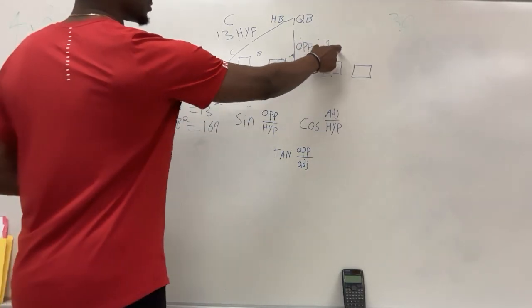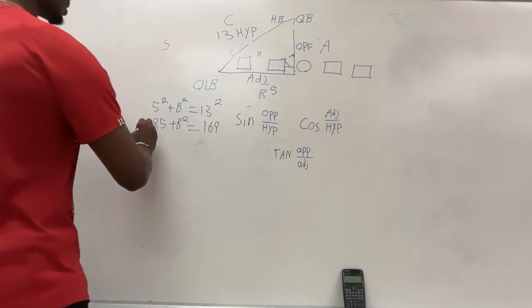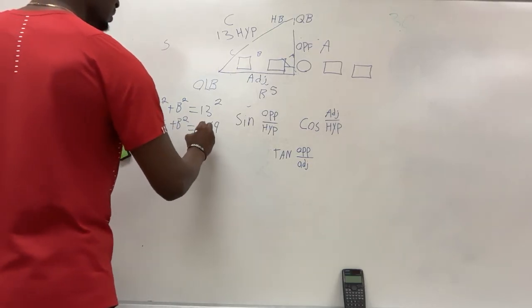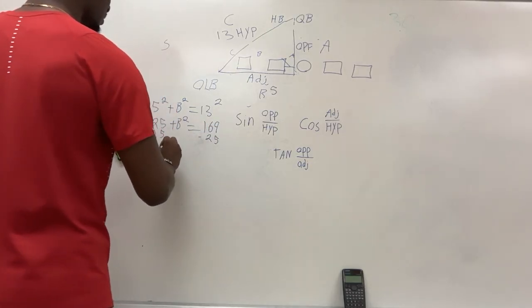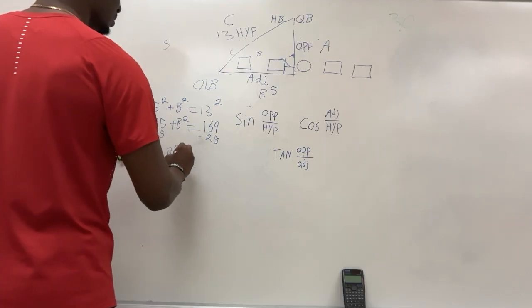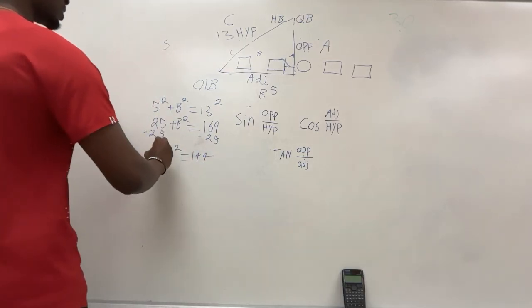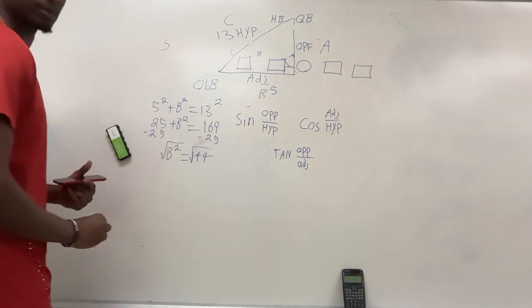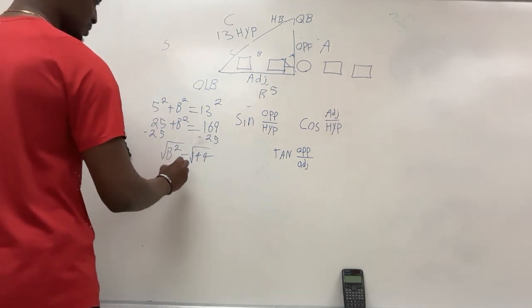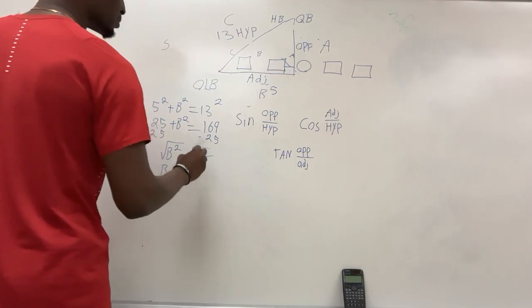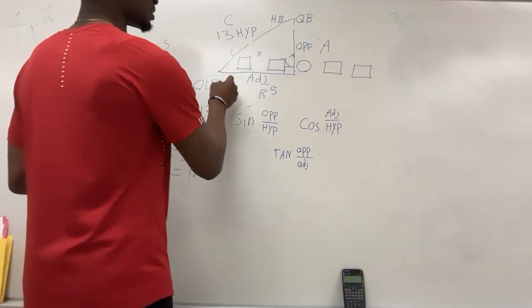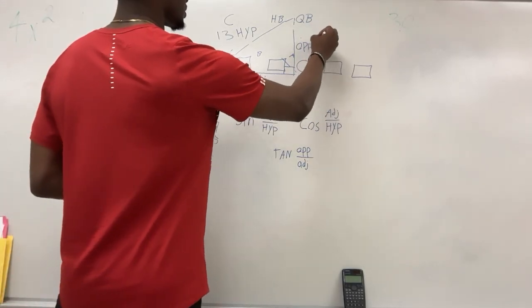But I still need to know what this distance is. So subtract 25 from here, subtract 25 from here, b squared is 144, square root, b equals 12. So this distance, 12.